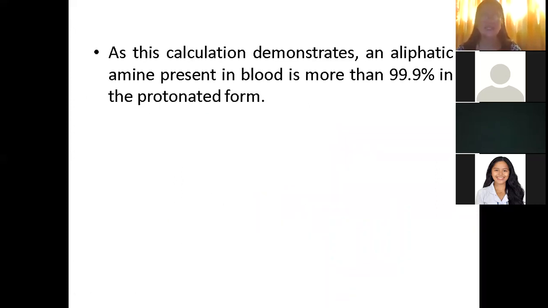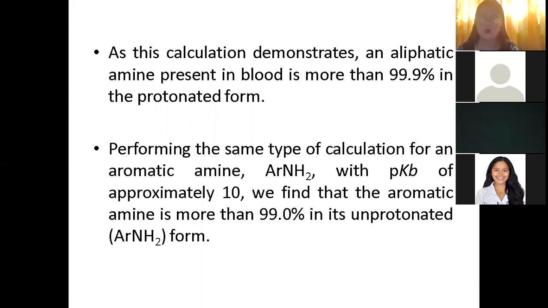As the calculation demonstrates, aliphatic amine present in blood is 99.9% protonated form. And the unprotonated is the aryl. Aryl meaning the benzene amine.